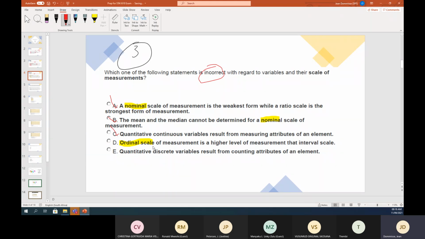Ordinal scale of measurement is a higher level of measurement than interval. This one is interesting because they are all part of the one concept, but ordinal has ranking in it.